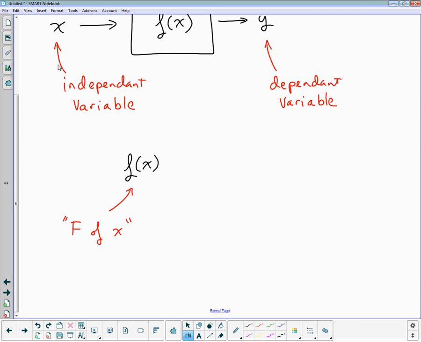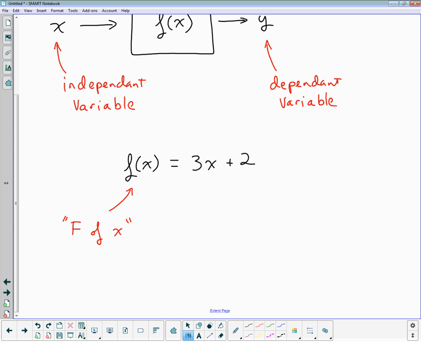Okay, so an example of a function rule could be something like this. What is happening here is that you give me a number, I'm going to plug it in to this function and get a number that spits out.